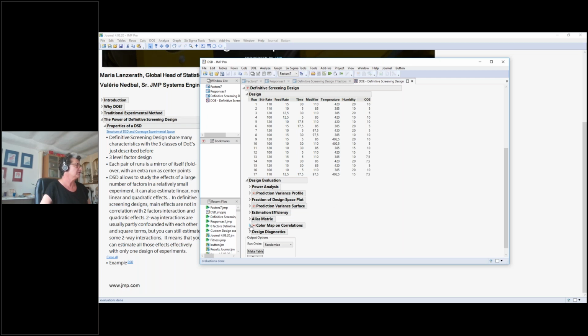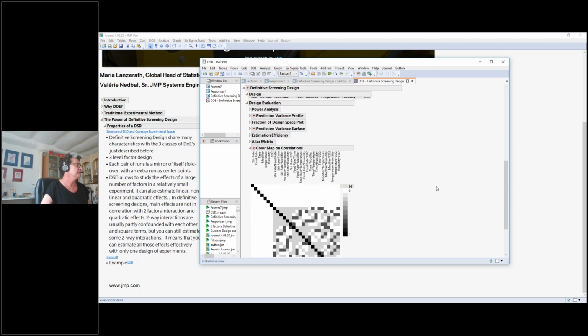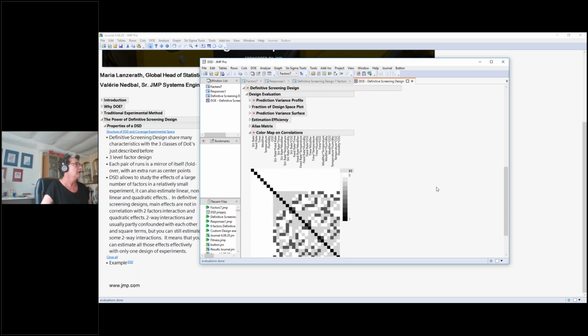And again, the beauty of those DSD is if you are interested to find if you have some confounding problems or correlations, you will find here in the design evaluation a color map on correlation, where you can see the correlation between different main factors, as you can see here, and also correlation between all interaction terms and main effects.